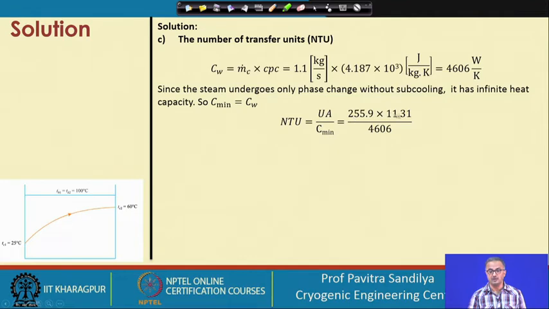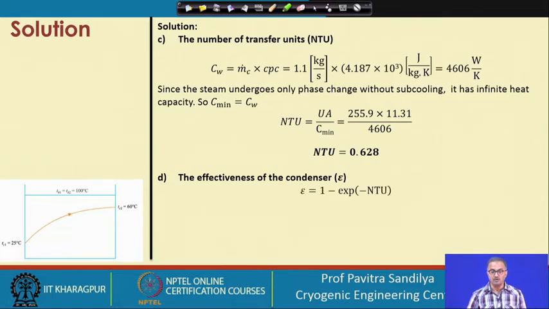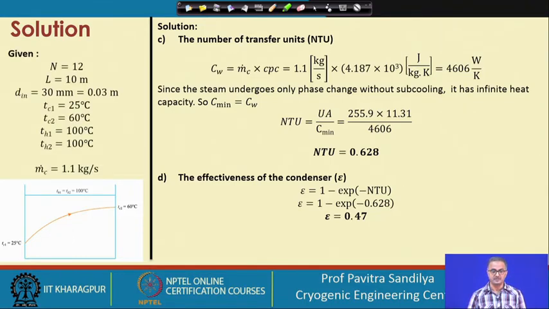U value we know, A value we know, put the value of C min, and we get the value of NTU as 0.628. Now, once we know the NTU value, we use this formula to find out the effectiveness of the condenser, and plugging in the values, we find the condenser is about 47% effective. So, it is not a very effective condenser, but this is how we solve this set of equations.